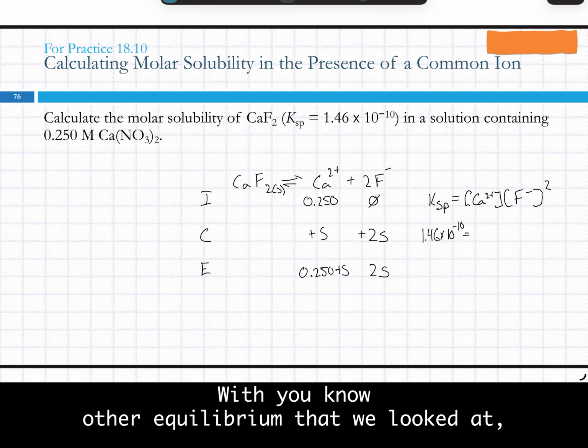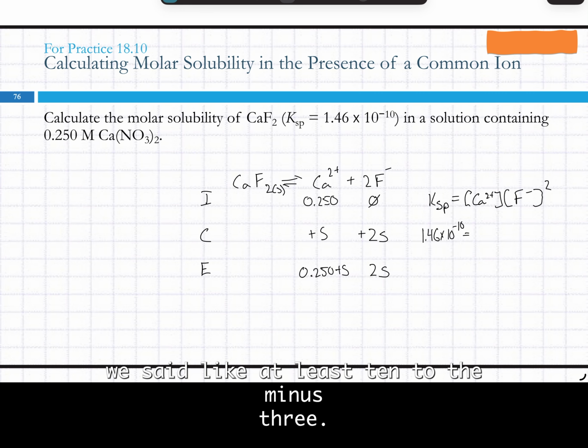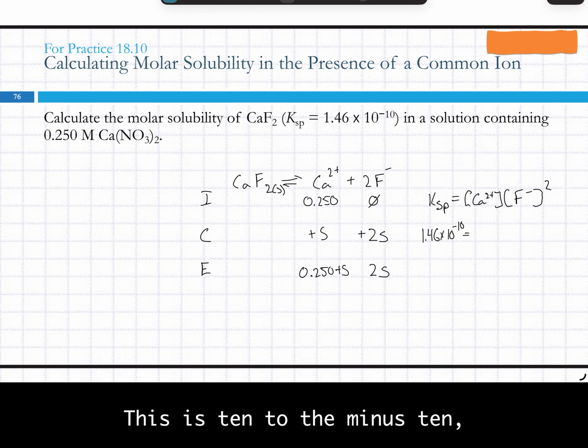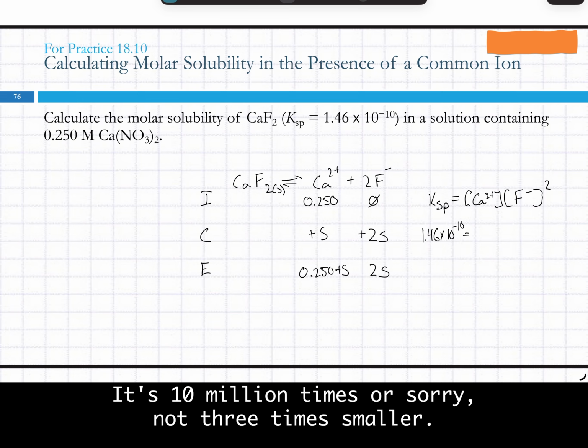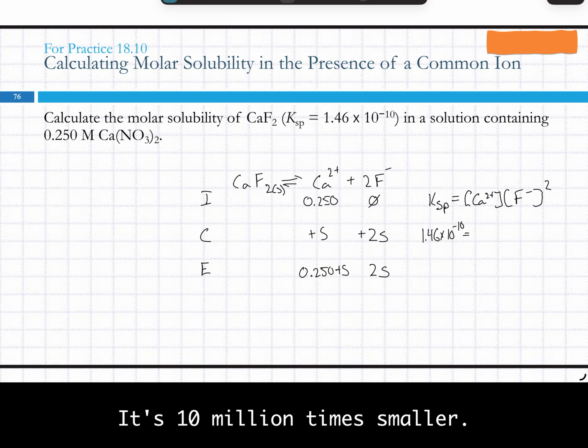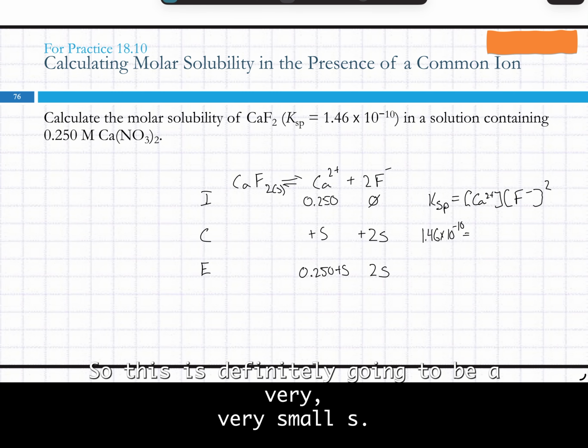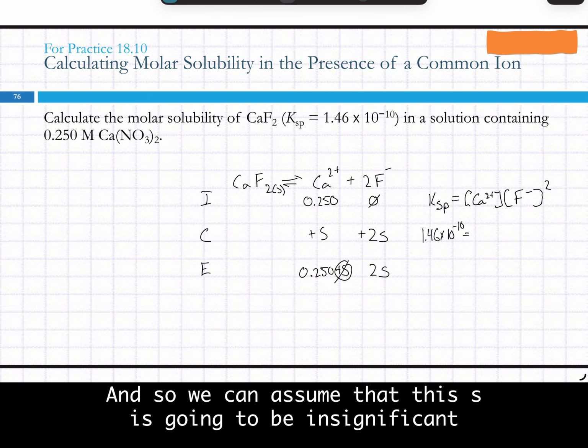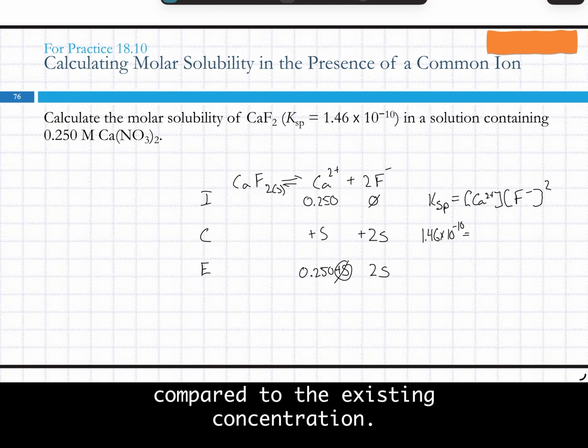With other equilibria that we looked at, we said like at least 10 to the minus 3. This is 10 to the minus 10, which is not 3 times smaller, it's 10 million times smaller. So this is definitely going to be a very, very small S. And so we can assume that this S is going to be insignificant compared to the existing concentration.